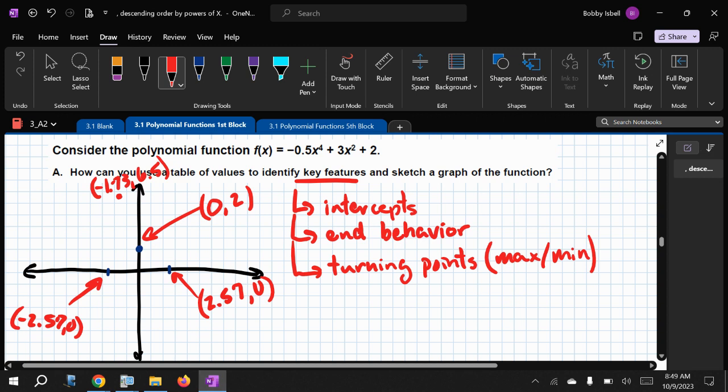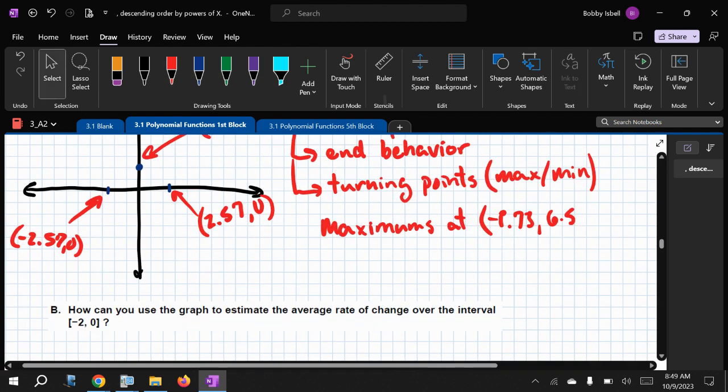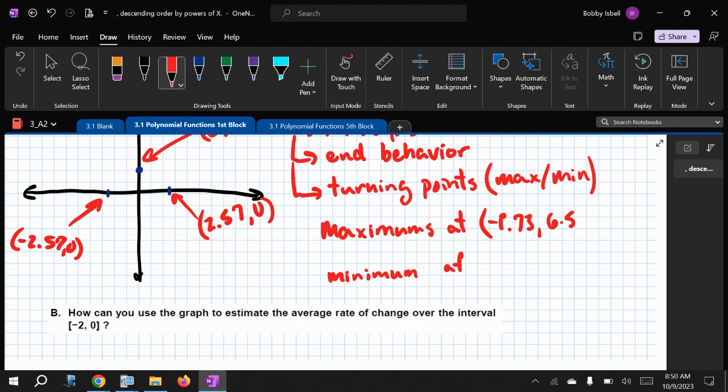So we got a maximum at negative 1.73, 6.5. Got a minimum at 0.2.